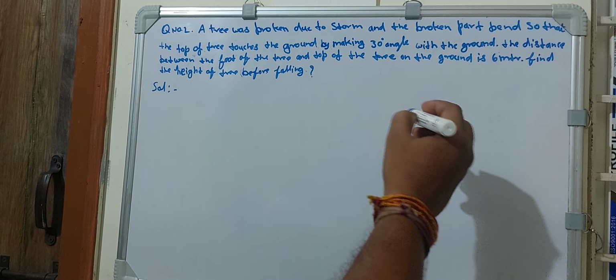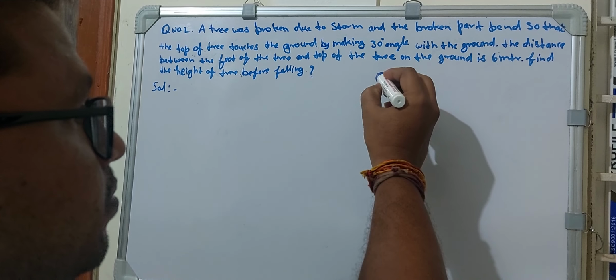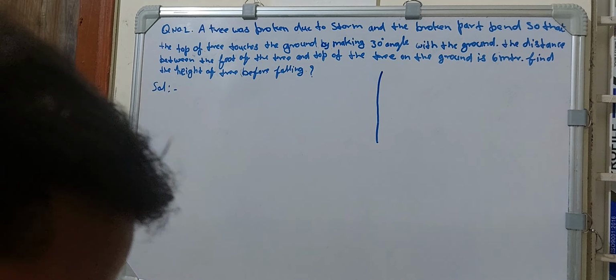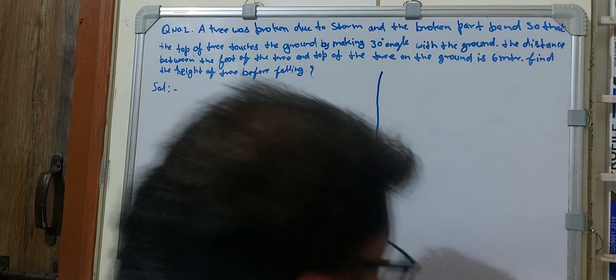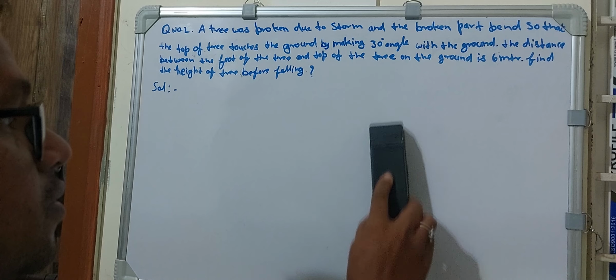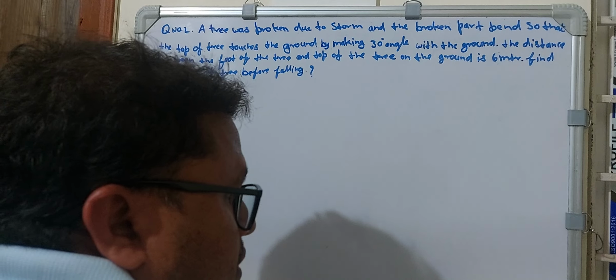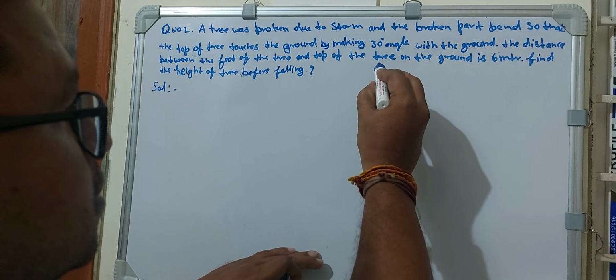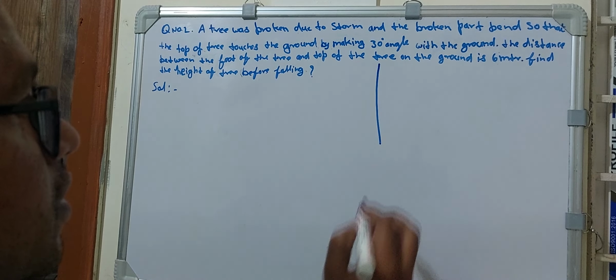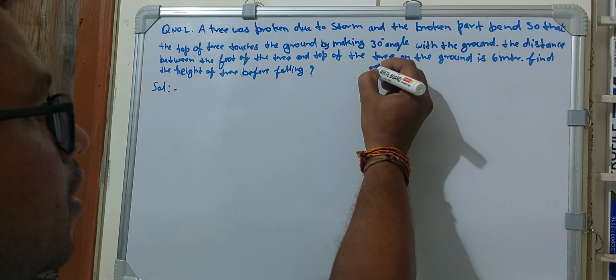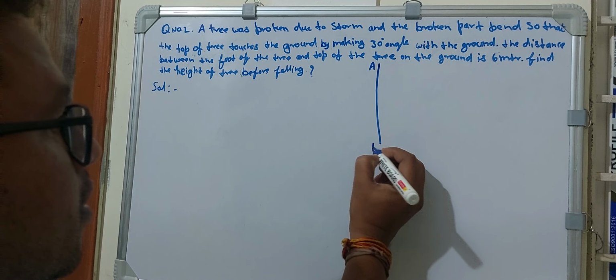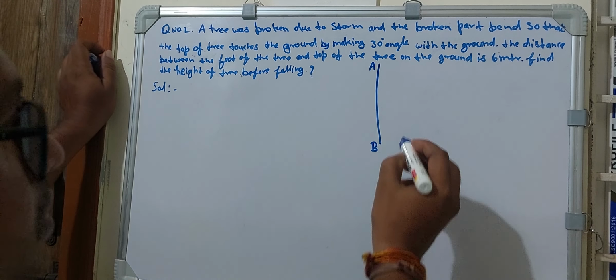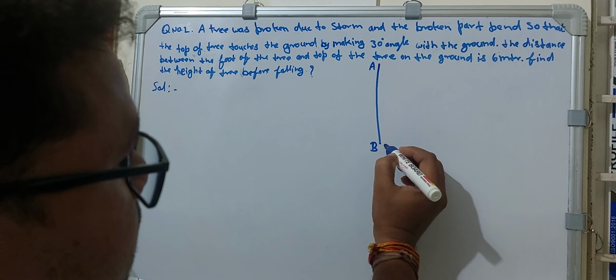let's say there is a very big tree. Let's say this is a tree, A, B, which was fallen.